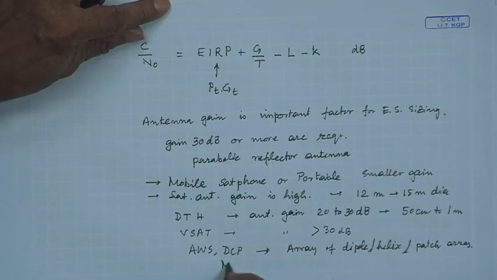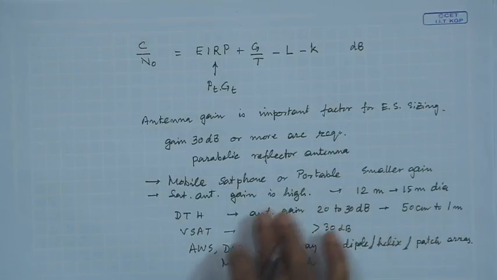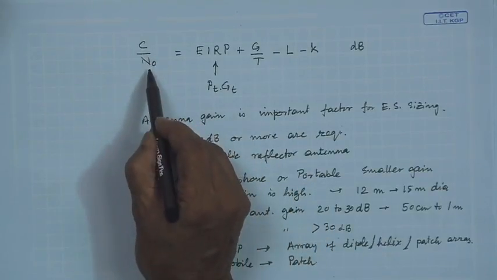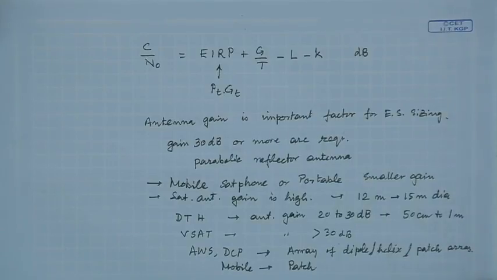For sat phone mobiles, they use simply a patch antenna, a single patch sometimes. So, these are the different types of small antennas, and the sizing of the antenna comes because of our C by N relation, where the antenna gain is an important factor.